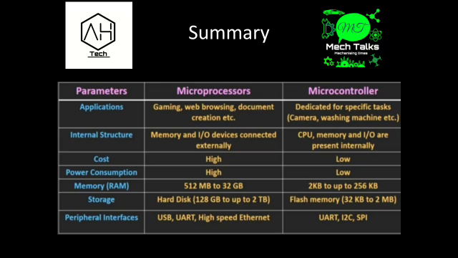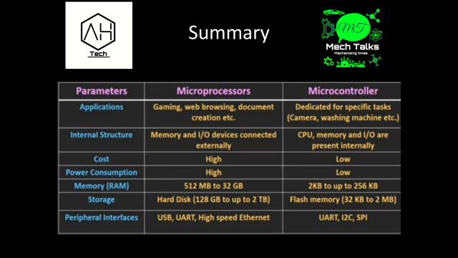When it comes to the cost, a microprocessor is highly expensive, while microcontrollers are less expensive. When it comes to the power consumption, microprocessors consume more power, and microcontrollers consume very little power.